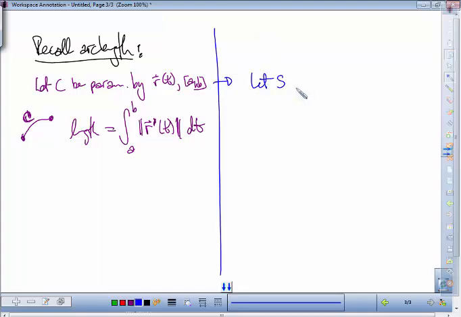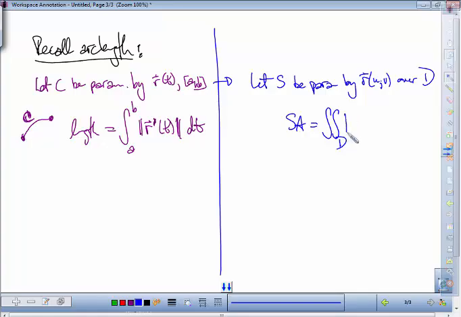Let S be parameterized by R of u, v over some domain D. So now we have a parameterized surface of sorts, and the surface area is equal to this double integral over D of the magnitude of not the derivative, but the cross product of two derivatives, since we have to deal with two derivatives here.